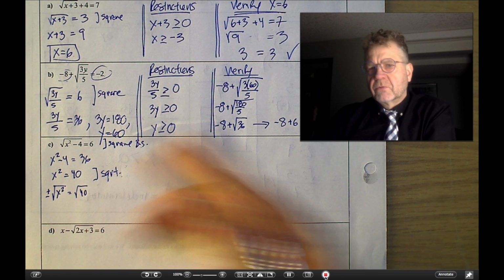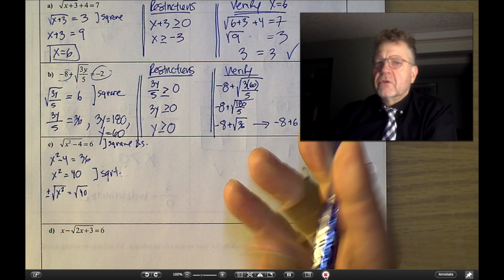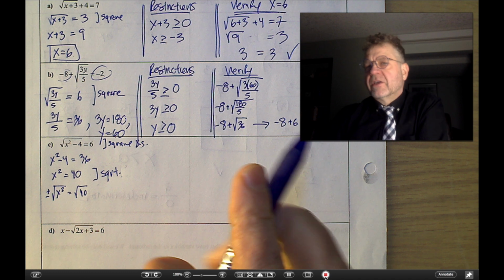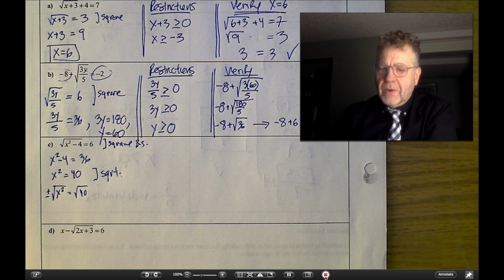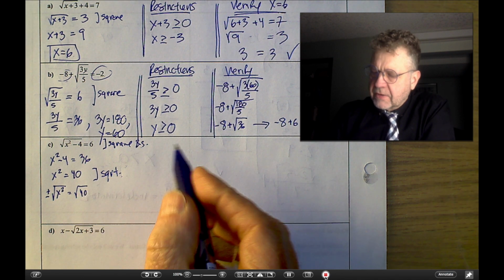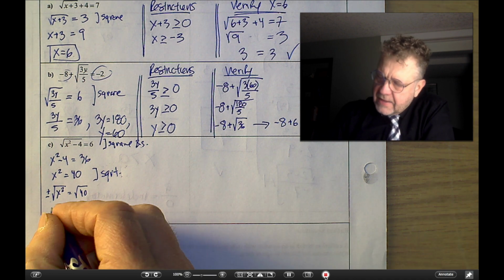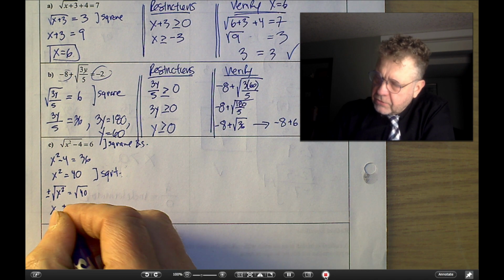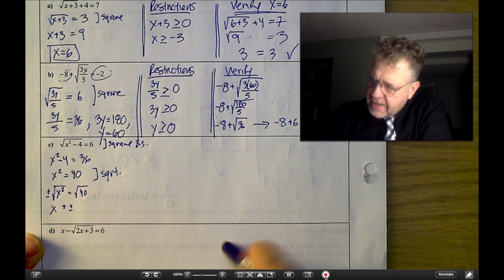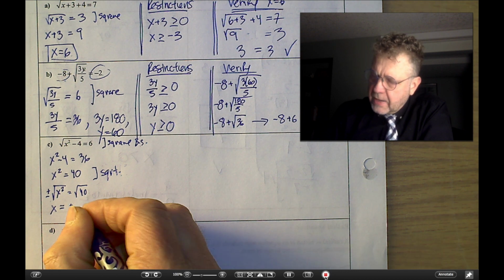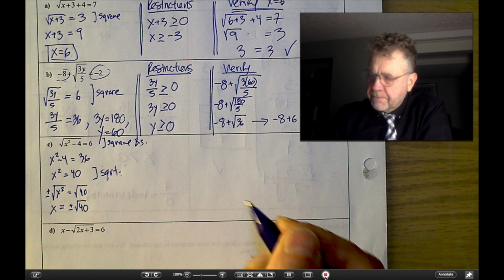Remember the square root rule: if you take the square root of something, you could have had a positive or a negative value that when squared gets rid of the sign. And so what this means is that x is going to be equal to plus or minus the square root of 40.